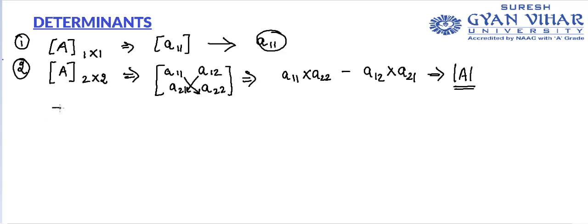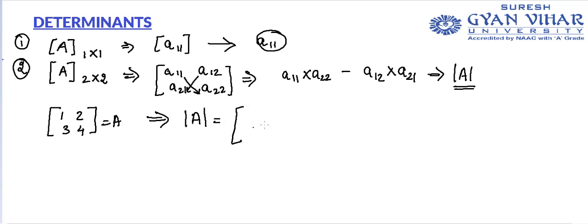Let's take an example. If we have the matrix 1, 2, 3 and 4, how are we going to find the determinant, right? So the determinant of matrix A will be given as 1 cross 4. Remember these arrows, okay?